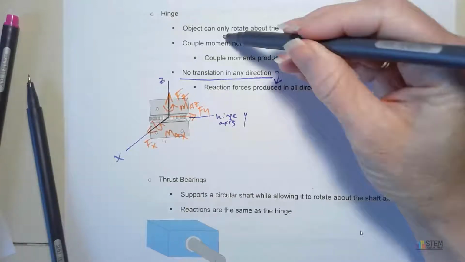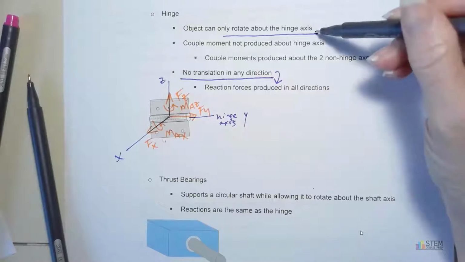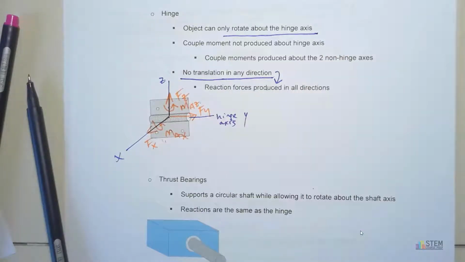And we can only rotate about the hinge axis. All right, so to allow that, we're going to produce these two other couple moments that prevent the rotation about the non-hinge axes. All right, so that is a hinge.